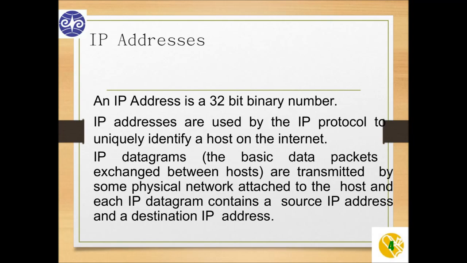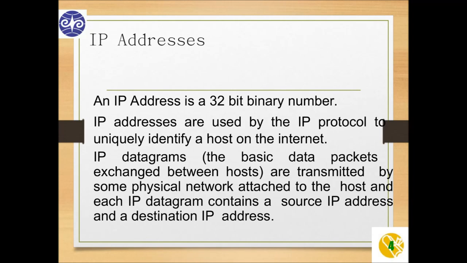Next point, IP datagrams, the basic data packets exchanged between hosts, are transmitted by some physical network attached to the host, and each IP datagram contains a source IP address and a destination IP address. Every packet transmitted from sender to receiver must contain the address of the sender and the address of the receiver.